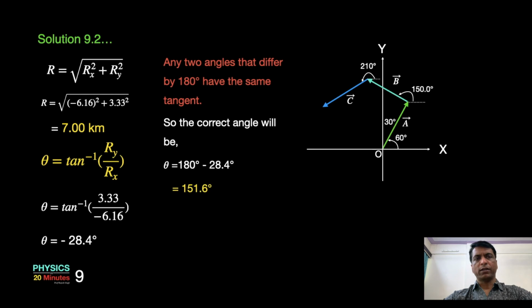If you add 180 to minus 28.4 degrees, you will get 151.6 degrees. Therefore, your vector R will be drawn from the tail of vector A to the head of vector C. It makes an angle of 151.6 degrees with the positive side of the x-axis in an anti-clockwise sense.